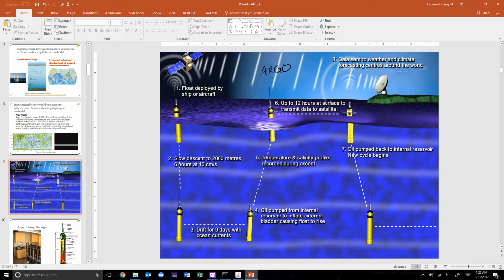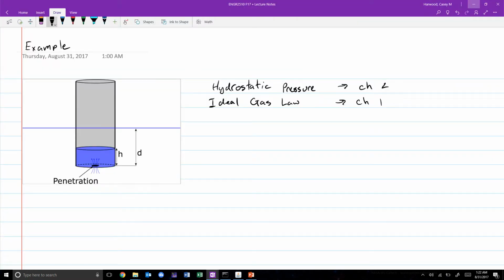Okay, so the way these work can be quite complicated, but a very simplified version is what's shown in this sketch here. It consists of a circular cylinder, right, which can be thought of as a tank, a cylindrical tank, which is filled with some amount of air, and the remainder of which is filled with seawater, that is ballasting water, something that adds weight to it.